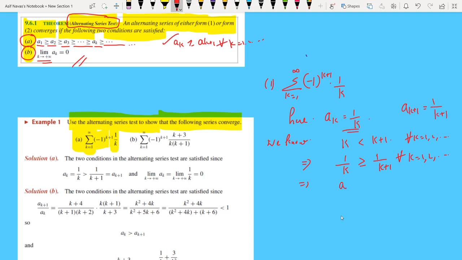So this implies a_k is greater than or equal to a_(k+1) for all k. So the first condition is satisfied.